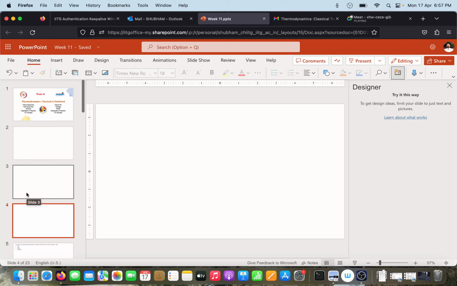Okay, for 1 mole Cp minus Cv is equal to R, and Cp is 29.234 minus R is equal to Cv. Cv will be Cp minus R. R is 8.314. So this is 29.234 minus 8.314. This is 20.92 joule per Kelvin per mole.